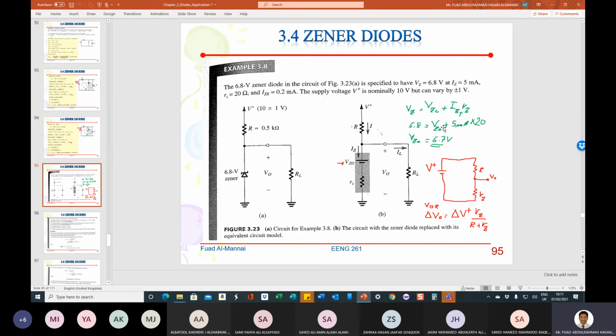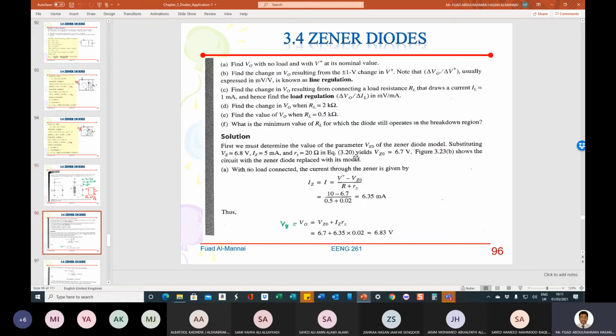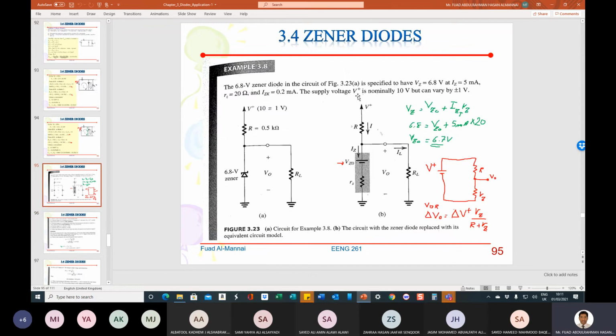Now, having found VZO, we can calculate the current I, which is equal to IZ, right? We just use KVL from here down to here: minus VCC plus I multiplied by R plus VZO plus I multiplied by RZ.